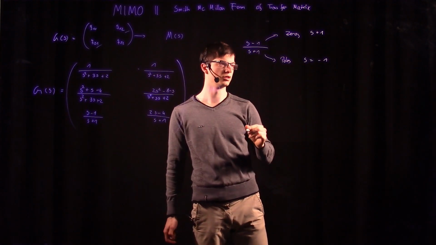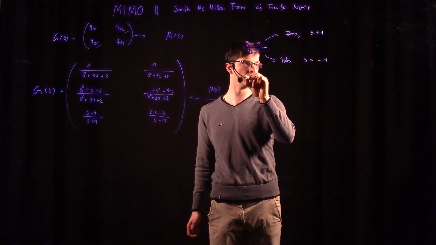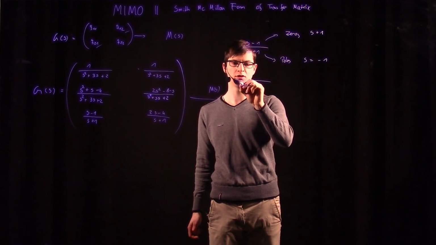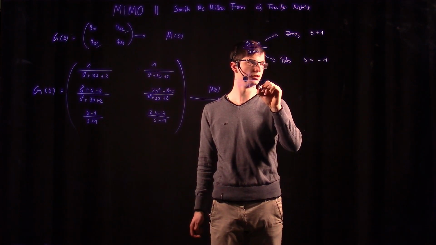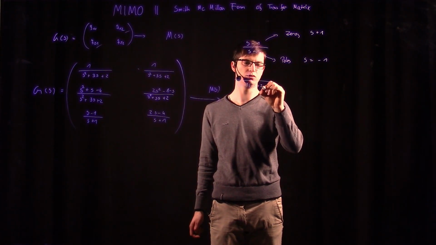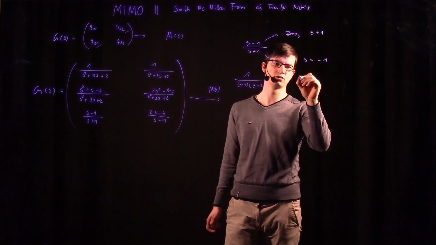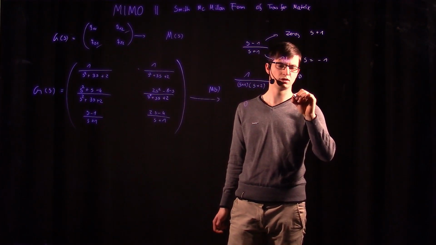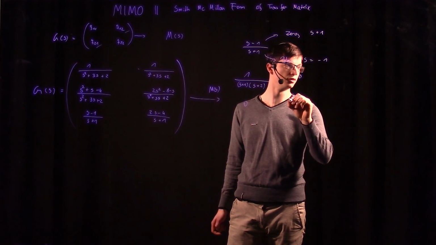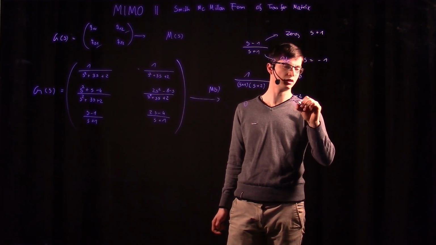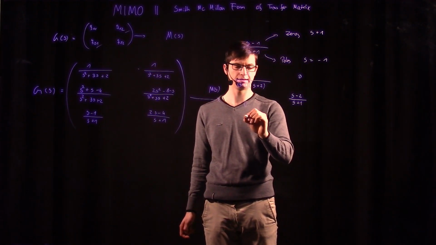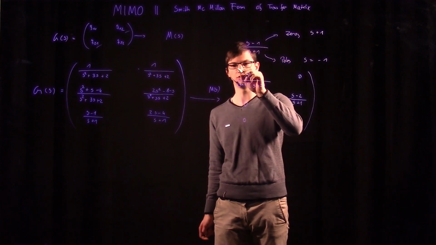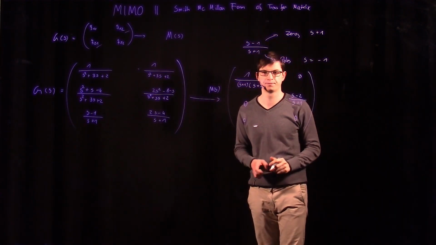And this will be 1 over s plus 1 times s plus 2, then 0, 0, s minus 2 over s plus 1, and then 0, 0. So that's it.